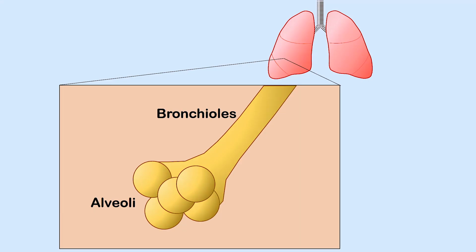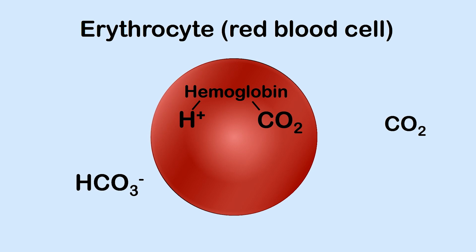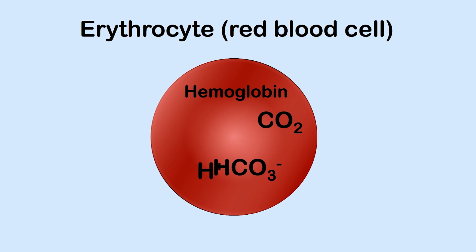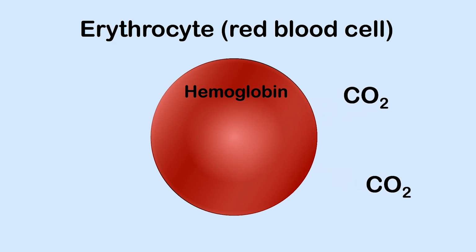Once you get to the lungs, that carbon dioxide in the gaseous form begins to diffuse out of the blood into the alveoli. This decrease in carbon dioxide then will shift the chemical equilibrium in favor of taking that bicarbonate and having it shift back into carbon dioxide and H2O.